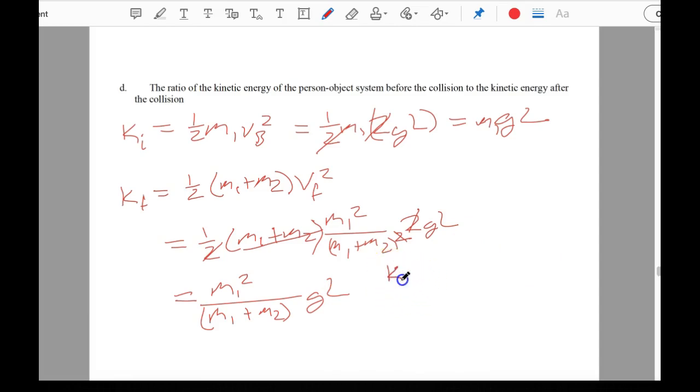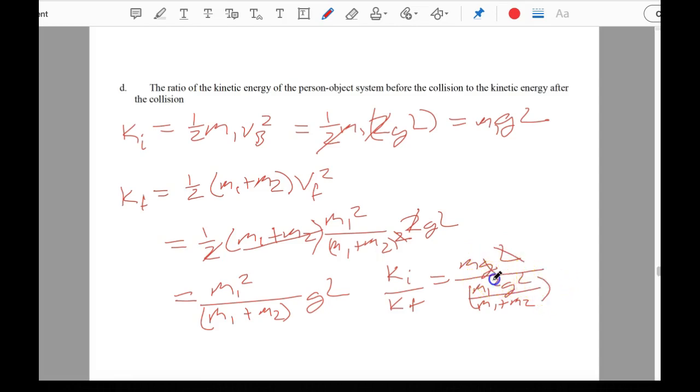So this is the kinetic energy initial over the kinetic energy final. And so this is going to be equal to m1gl over, and then you've got m1 squared times g times l over m1 plus m2. And once you've done that, you can cross off a g, you can cross off an l.